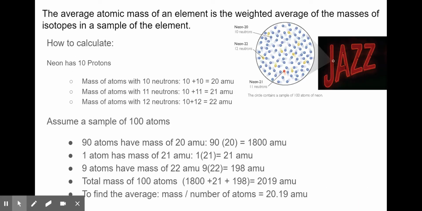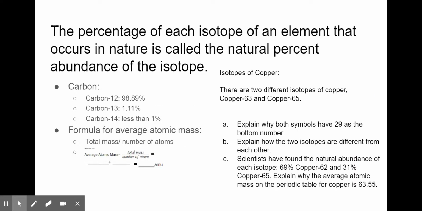And we can look at those percentages, because if we have the neon 20, well, we have 90% is neon 20, 9% is neon 22, and 1% is neon 21. But if we want to look at the formula to figure out that average atomic mass, we say total mass divided by the number of atoms. So when we figure out the total mass, we want to figure out what is the mass of that isotope and how many atoms of that isotope do we have, okay?